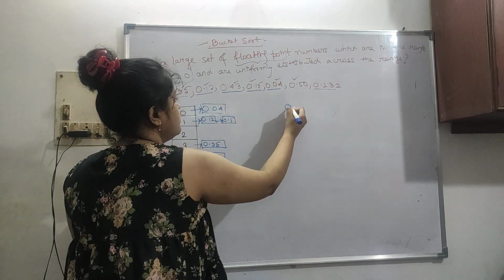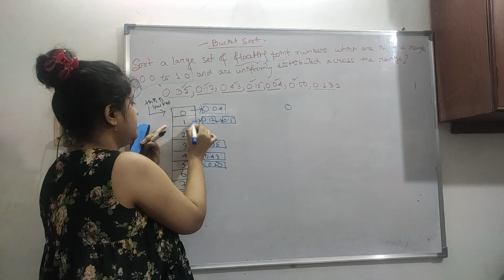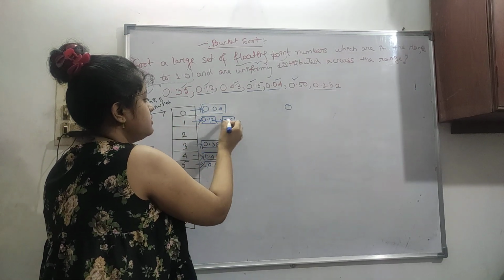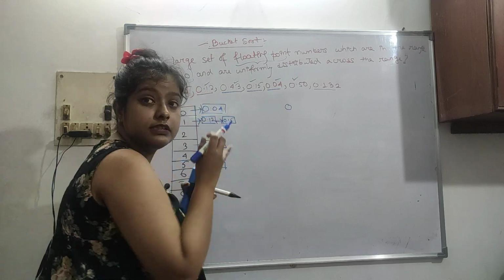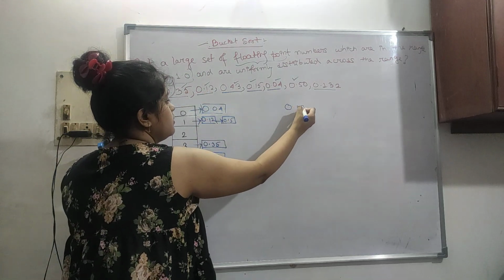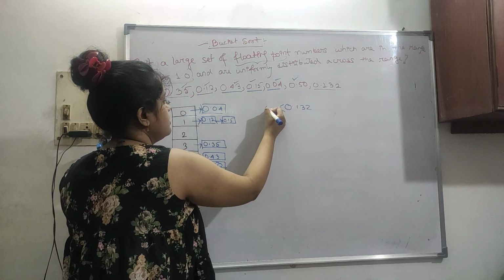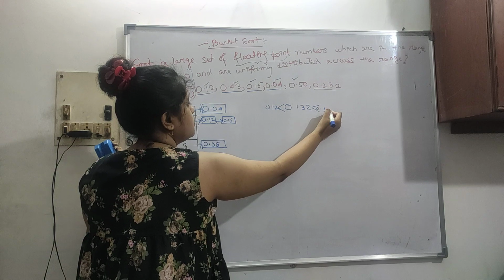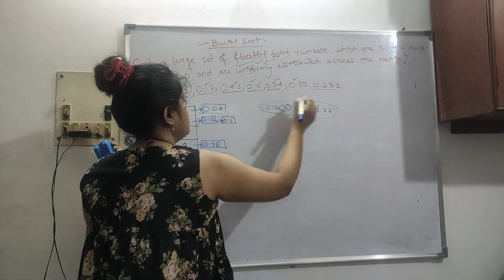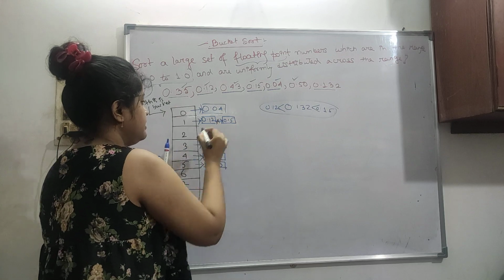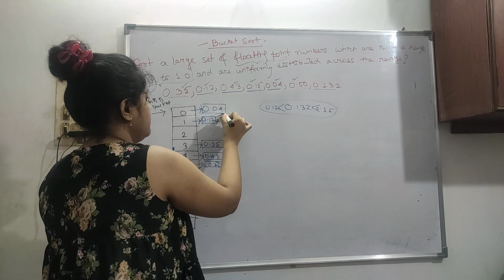0.132 will be placed in this bucket, but you can see 0.12 is present and 0.15 is present. 0.132 is greater than 0.12 and it is less than 0.15, so it will be placed in between. This link will be broken like this.